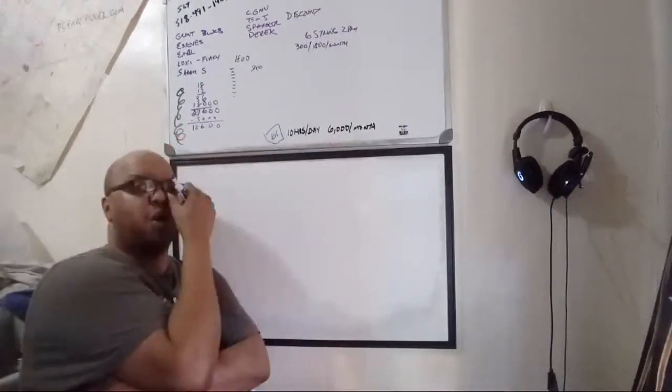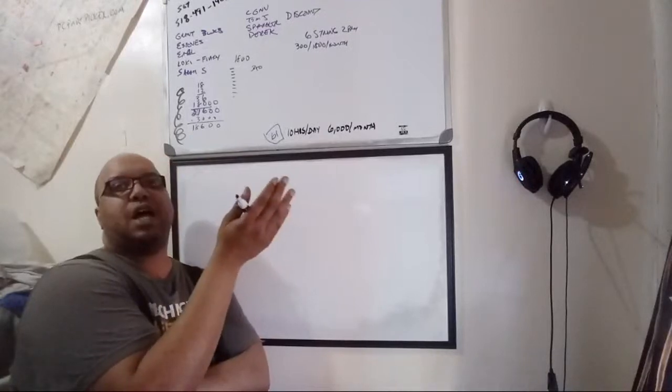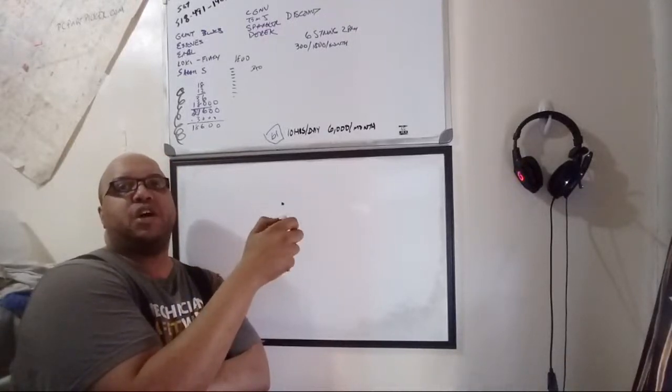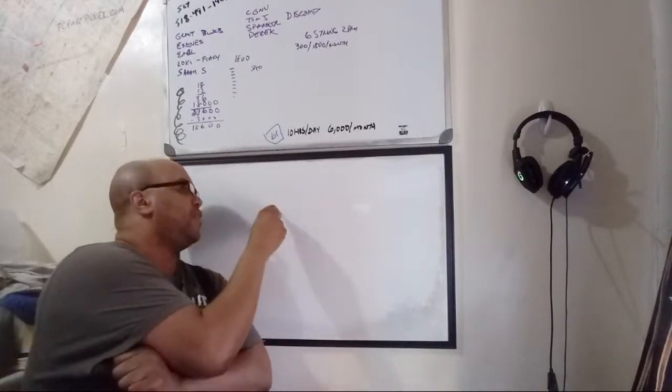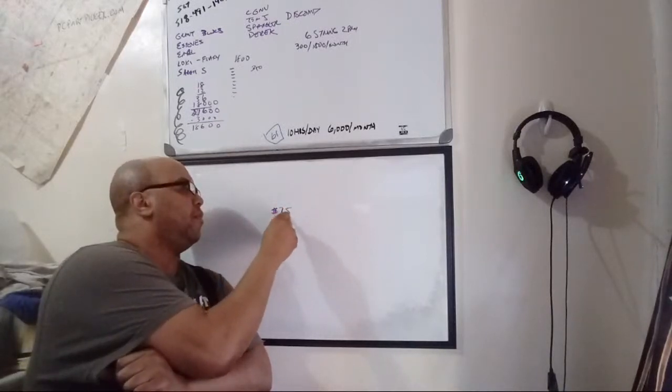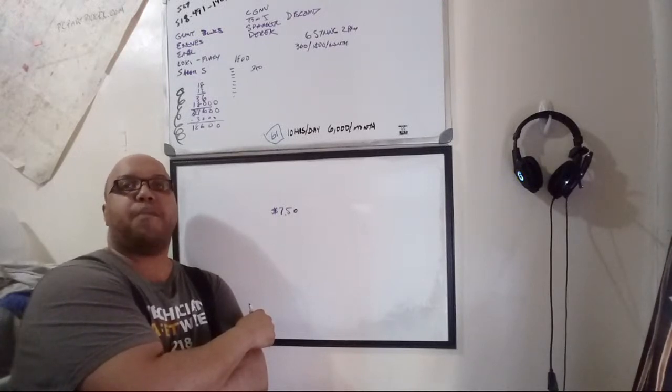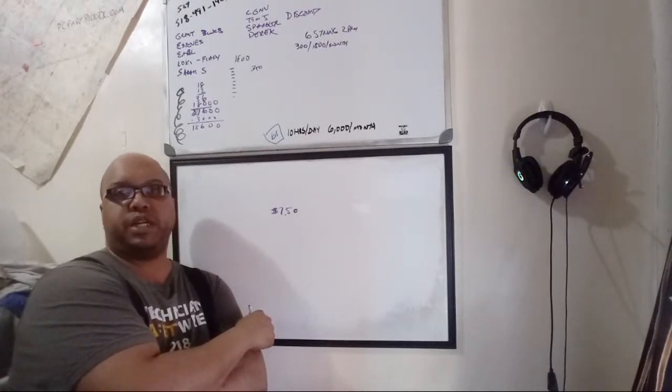All right. So for my YouTubers, I'm going to verbally tell you what this is. Mike earns $7.50 an hour. This is what Mike makes an hour. If he works from 8:45 a.m. until 5:15 with 1 hour off for lunch, how much money does he earn in one day?